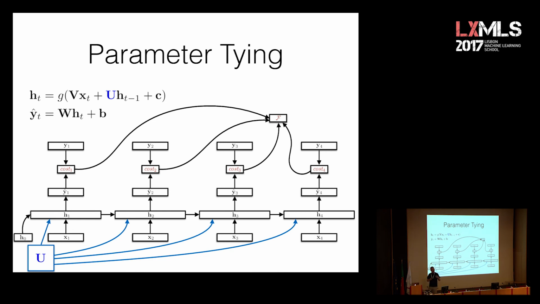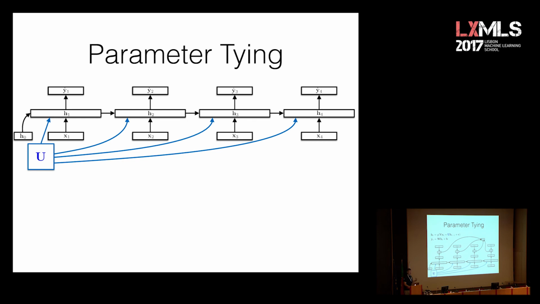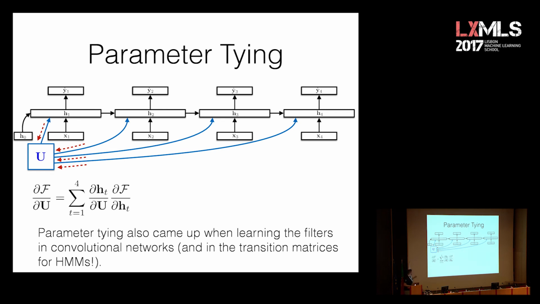But when we're thinking about what the computer is doing when it executes backpropagation, it's really nice to remember that these things are kind of pointing at all the same positions in the input. So what does parameter tying mean for the problem of learning? So let's consider that we can get errors.